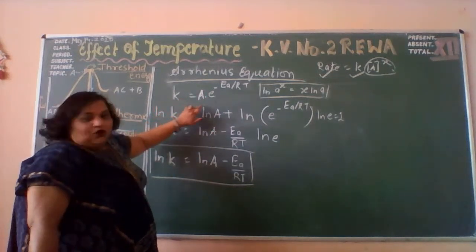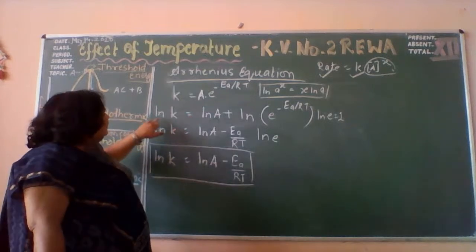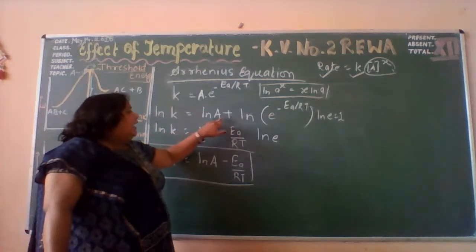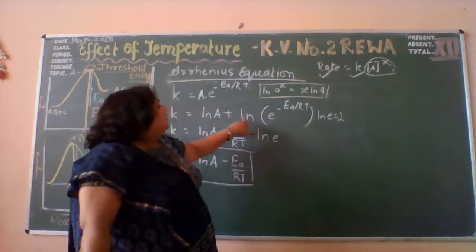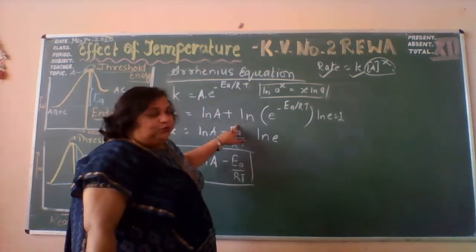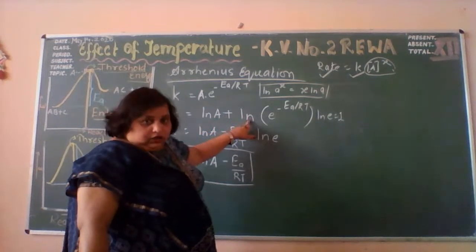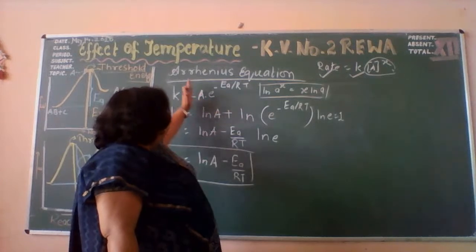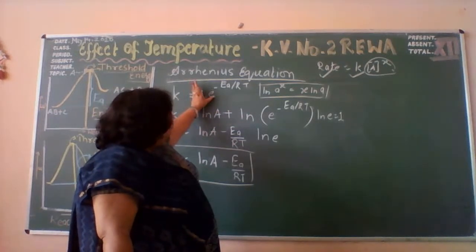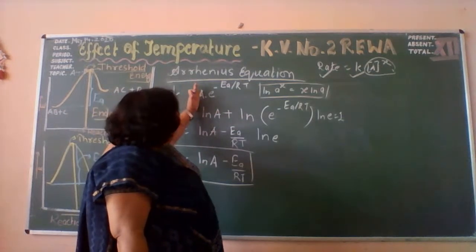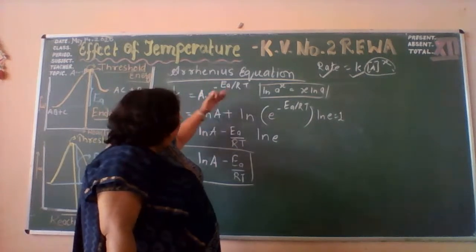So I have taken the logarithm of both sides. Log k is equal to log A plus log, this is the property of log A into B, that log A plus log B. Whenever you are taking the logarithm of A into B, this becomes log A plus log B.